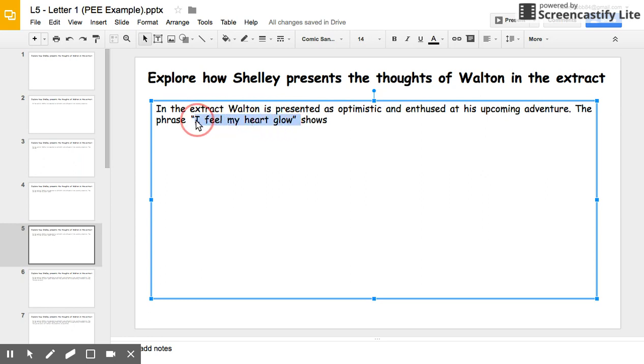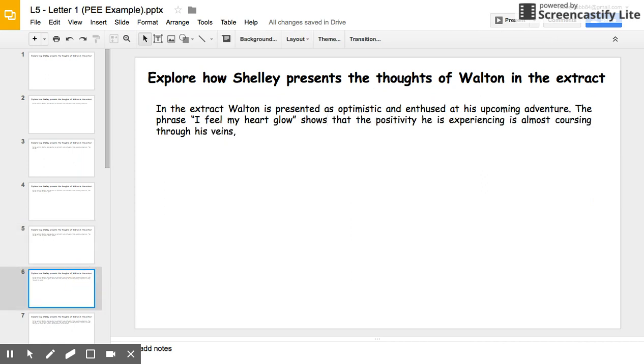Now, the reason why we call it an embedded clause is the phrase "I feel my heart glow" shows makes sense, okay? If we take that out, the phrase shows, again, it still makes sense. It's an embedded clause. And again, it's how I want you to structure it. It's the easiest way, and it's the best way how I want to structure your responses.